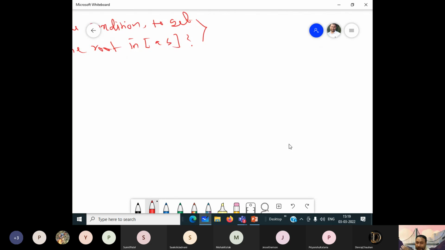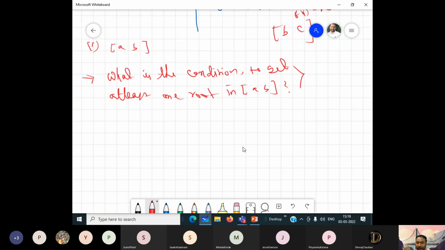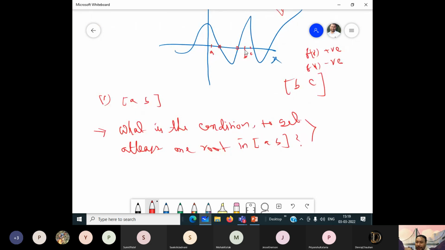The second condition is that I take another interval, B and C. Here f of A is positive, yes or no?